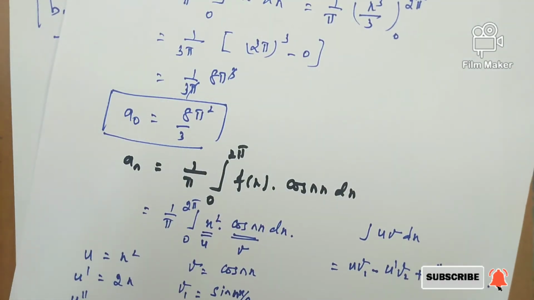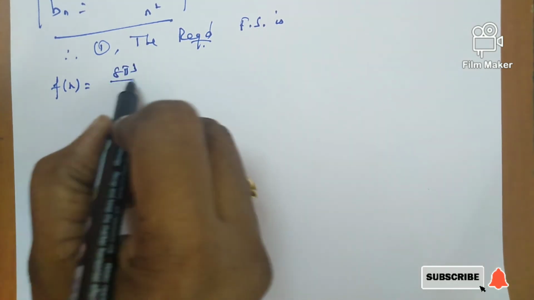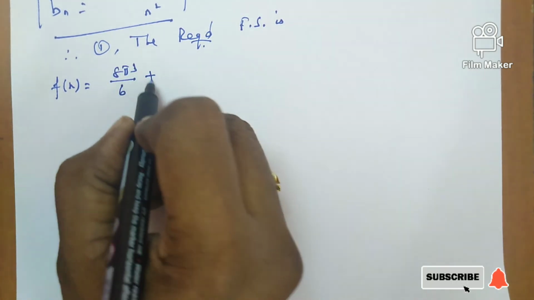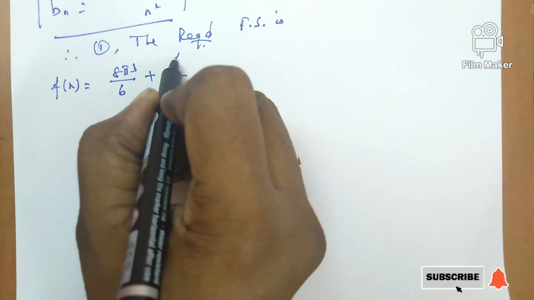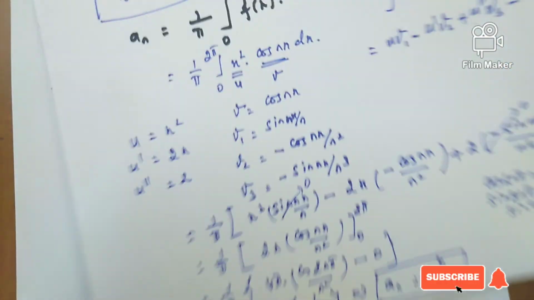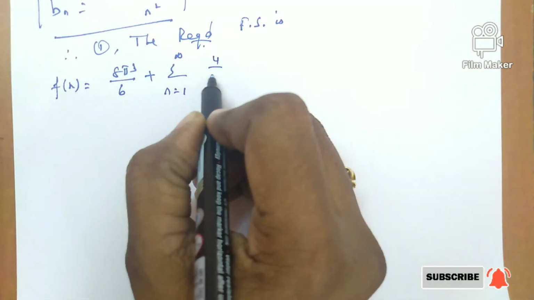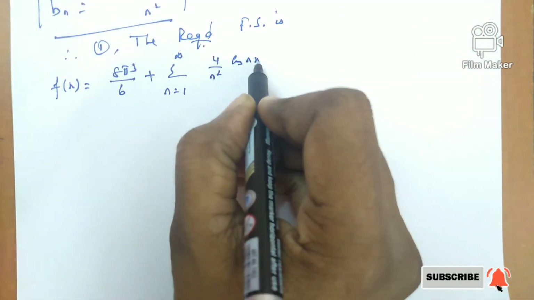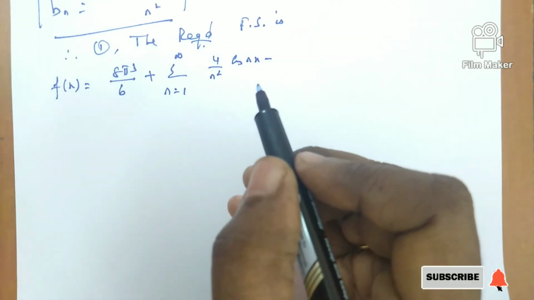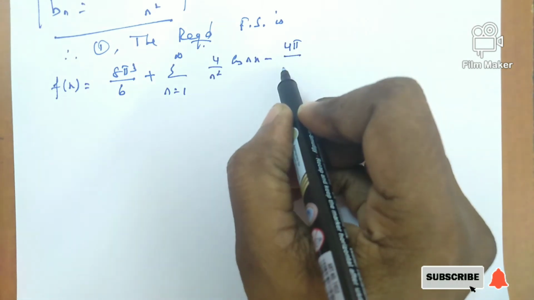Here also it is A0 by 2, so 8 pi square by 6 plus sigma n equal to 1 to infinity An. An answer is 4 by n square, 4 by n square cos nx minus, what is our Bn? Bn is 4 pi by n square.